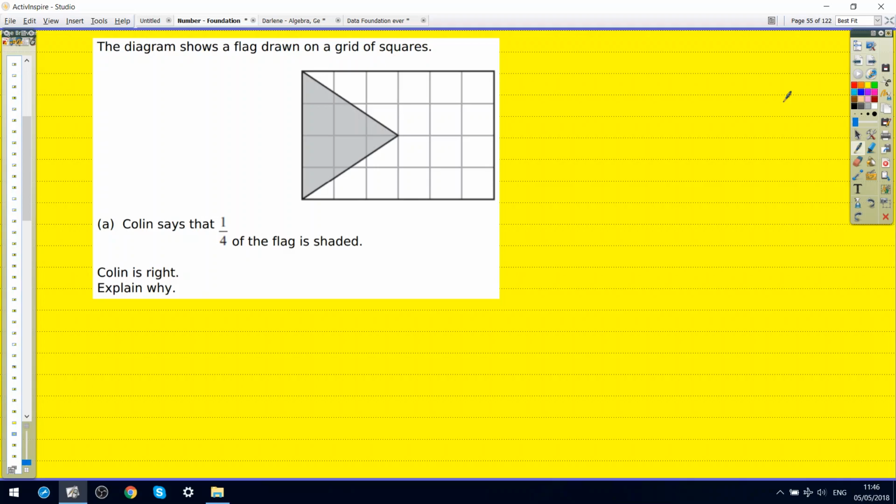Okay, how about this one? So you could have 3 more triangles. 1, 2, 3.